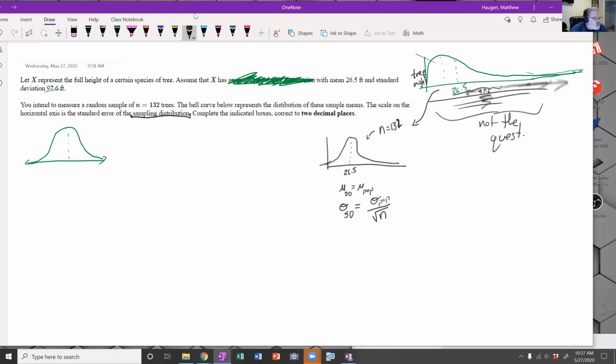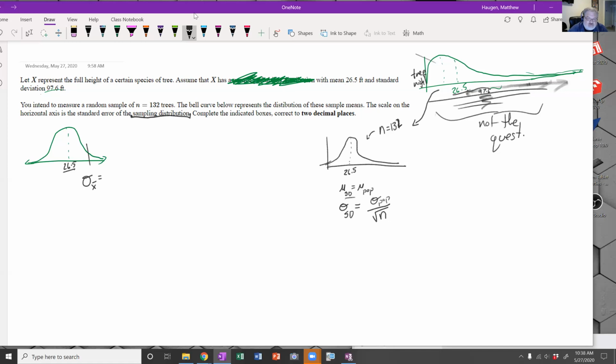So the problem that you were working on, Tessa, you put the 26.5 there for the mean, which is true. The means should match. But the standard deviation for this sampling distribution, and the symbol I'm using, I was using SD over here for sampling distribution, but you should really get in the habit of using the X bar, because this is specifically a sampling distribution of means.